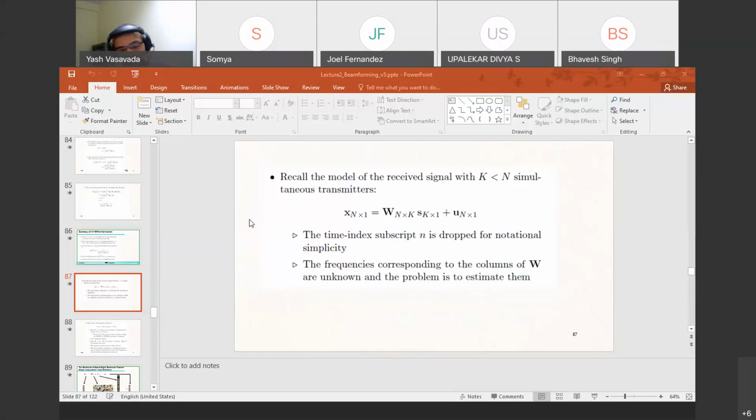The reason why I want to look at this method is that the domains of application of the MUSIC algorithm and the MVDR algorithm are, let's say, one or two different areas of research. This third technique that we are going to look at exposes us to a whole new domain of applications and a whole new domain of research.